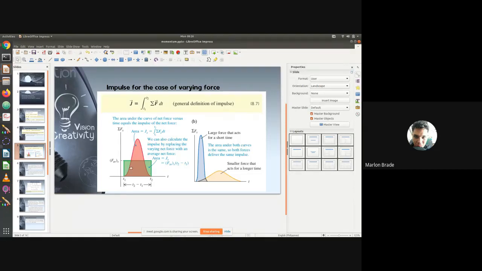This curve corresponds to the force, and the area under this curve corresponds to the impulse. In figure B, there is this blue curve and this yellow curve. The blue curve is tall, but its width is very short. Which means that the force is large, but the time interval that the force acts on your object is small.